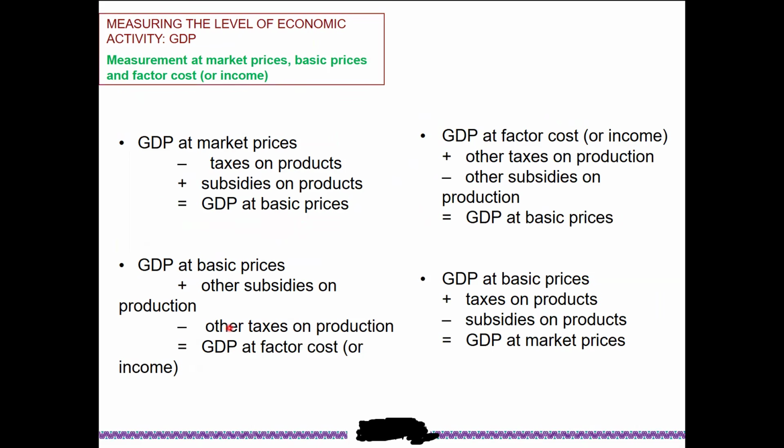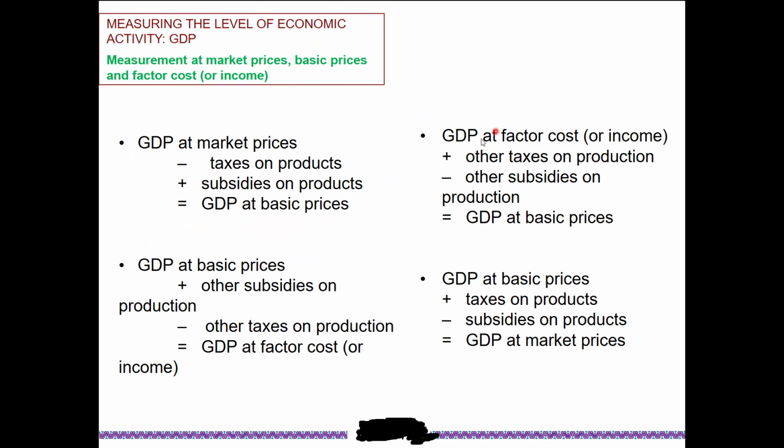And then measurement at market prices, basic prices, and factor cost. So basically, okay, let's just look at this side. Here they say if you have GDP at factor cost and you want to calculate GDP at basic prices, you're going to say plus taxes on production minus subsidies on production. You're going to get GDP at basic prices, right?